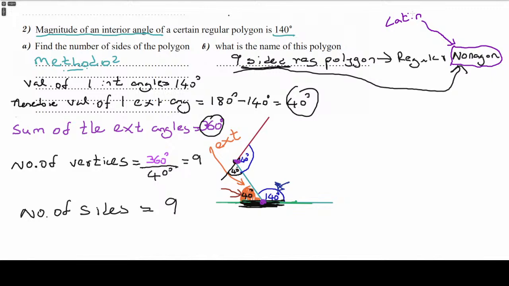There are a lot of mathematical and scientific terms, and in maths and science, we use Latin a lot. So most of the polygon names are words borrowed from Latin. So even the word nonagon has some connection with Latin. All right.